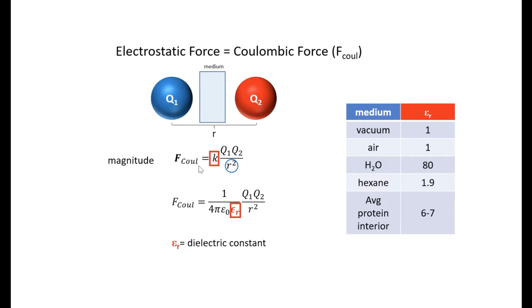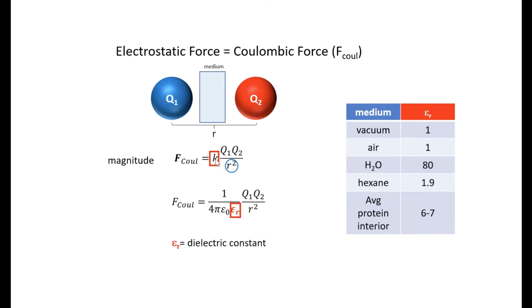The force is equal to a constant times the product of charge 1 and charge 2 divided by the distance between them, r squared. It makes sense that the higher the charges, the greater the force between the ions. Likewise, the greater the distance between them, the weaker the Coulombic force.